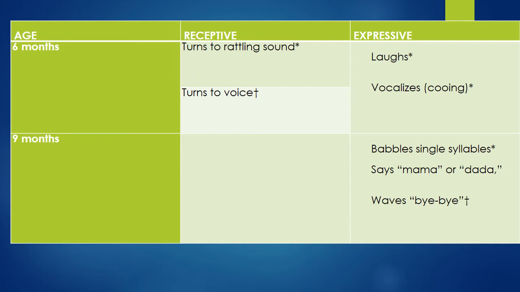And in expressive language, a 6-month-old can already laugh and vocalize or coo. During 9 months, a child can still turn to rattling sound and can turn to voice, and a 9-month-old can babble single syllables, says mama or dada, and waves bye bye.